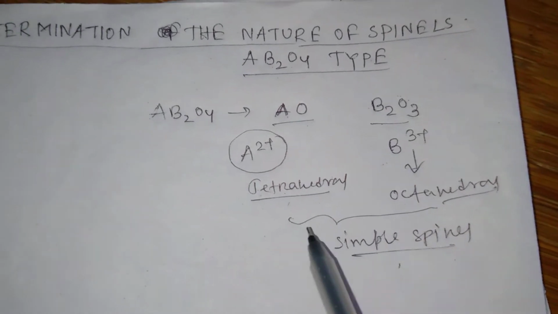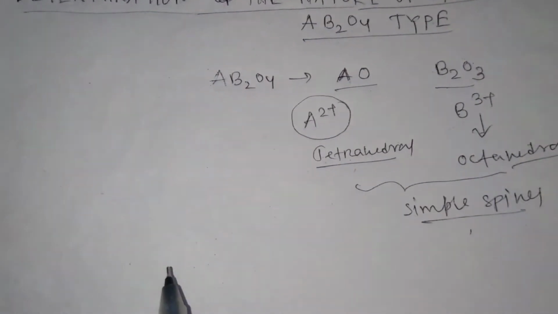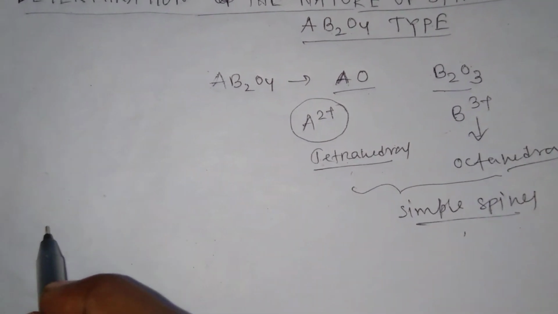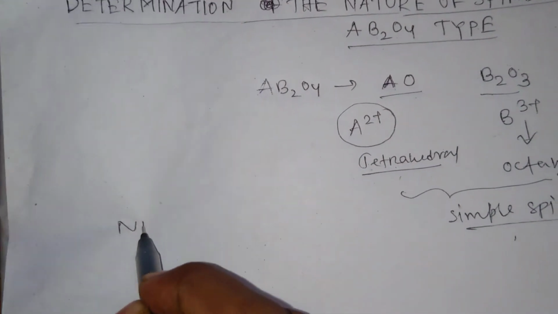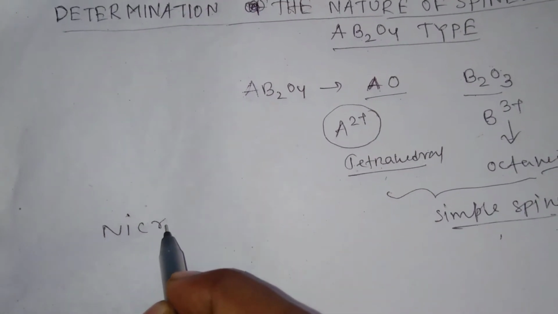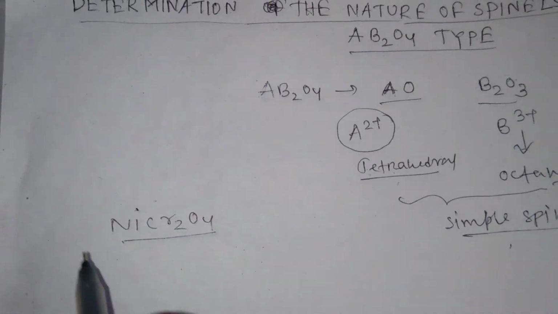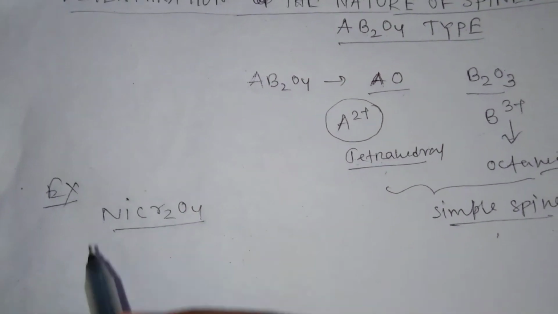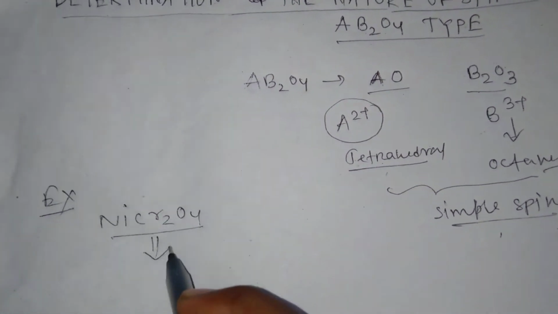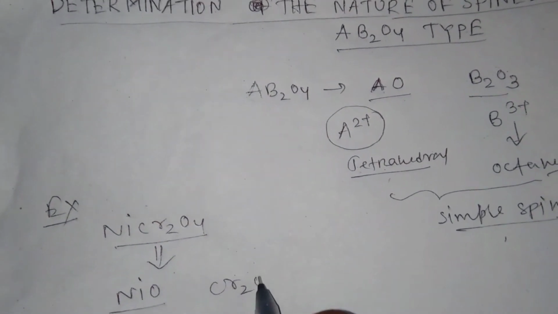Okay, now I discuss by an example. NiCr2O4. Okay, now from this we get NiO and also Cr2O3.